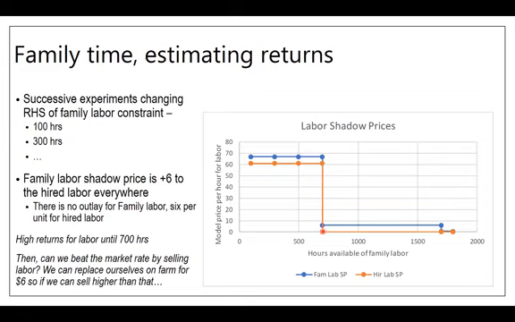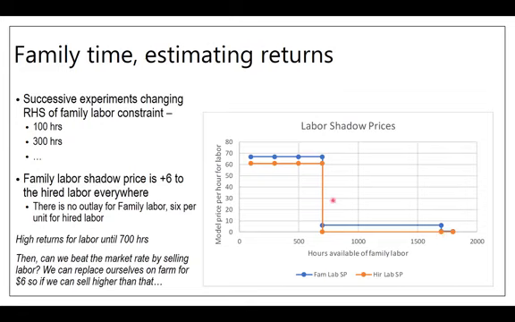So that drops to zero, and $6 becomes the new shadow price, and so it's not perfectly informative here because that shadow price is completely contingent on the fact that if for some reason you lost an hour of family labor, the thing to do would be to swap in a hired hour of labor, and that costs exactly $6. So those shadow prices get linked together, and we'll talk about it a little bit later, how these activities end up becoming linked together so the shadow prices move together.